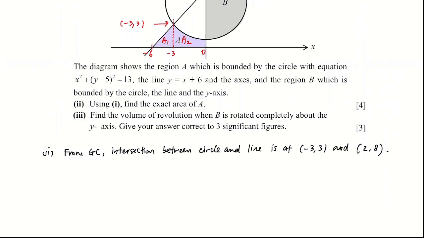So the area of region A. If you observe from -6 to -3, it's either you do this integration or this is a triangle. So half times base times height, plus integrate from -3 to 0 of this curve over here.